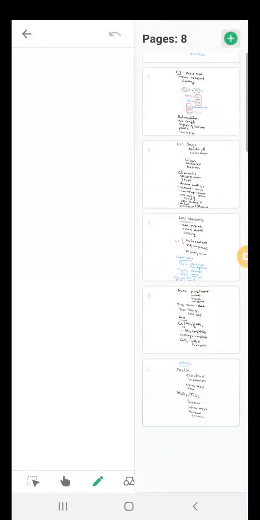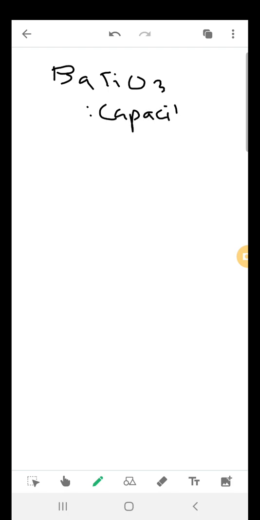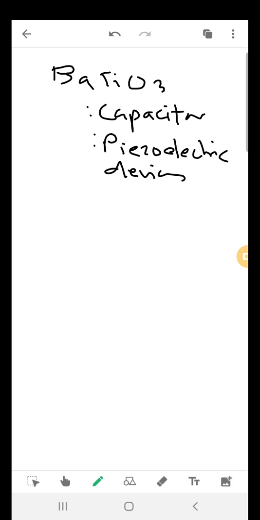And you can have BaTiO3, a piezoelectric material used in capacitors and piezoelectric devices. Then we have cerium oxide, CeO2, used in catalytic coatings.